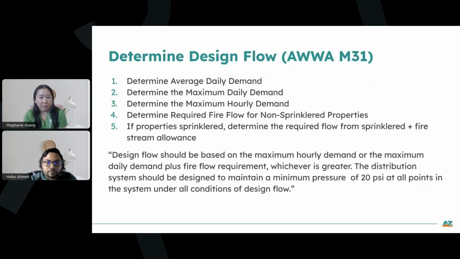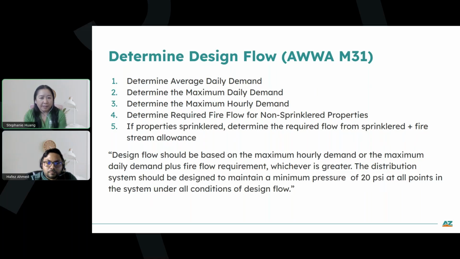In AWWA M31, determining design flow, we'll first determine the average daily demand, and from there you can determine the maximum daily demand and maximum hourly demand. And there are different requirements for fire flow for non-sprinklered properties versus sprinklered properties.